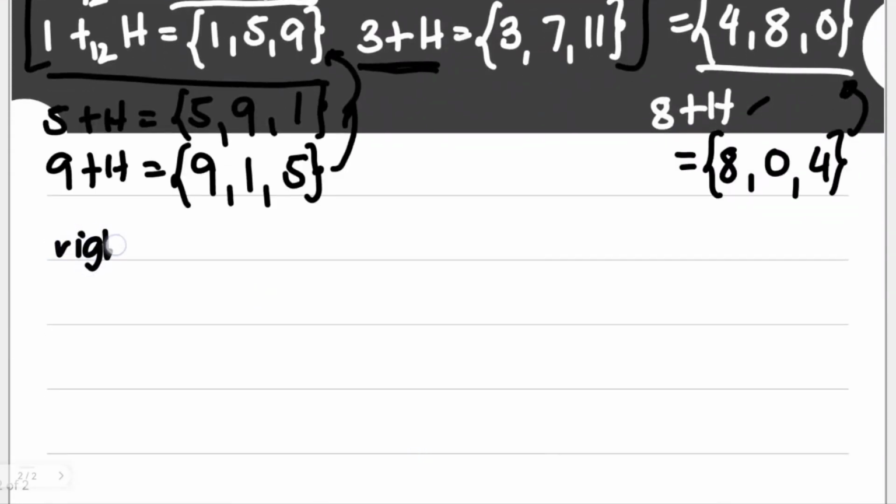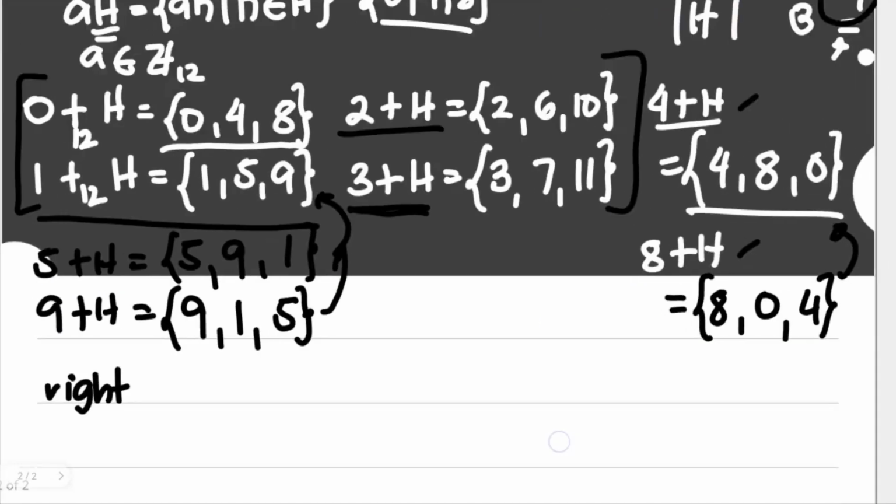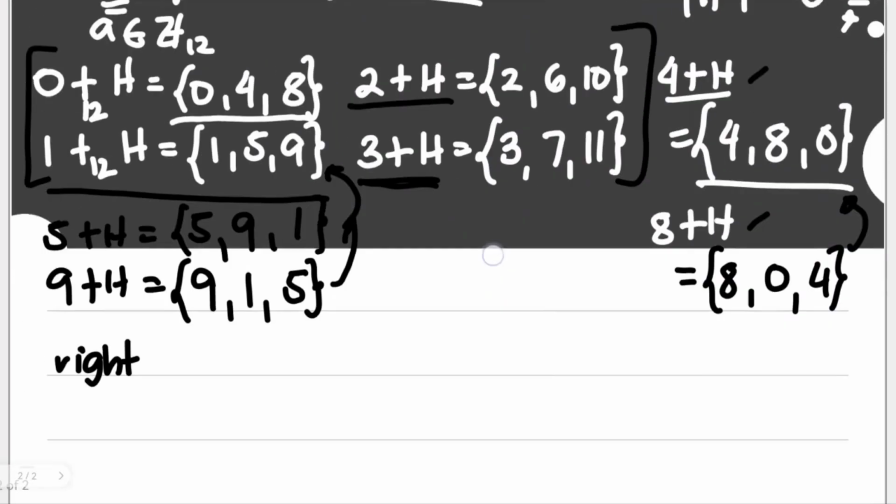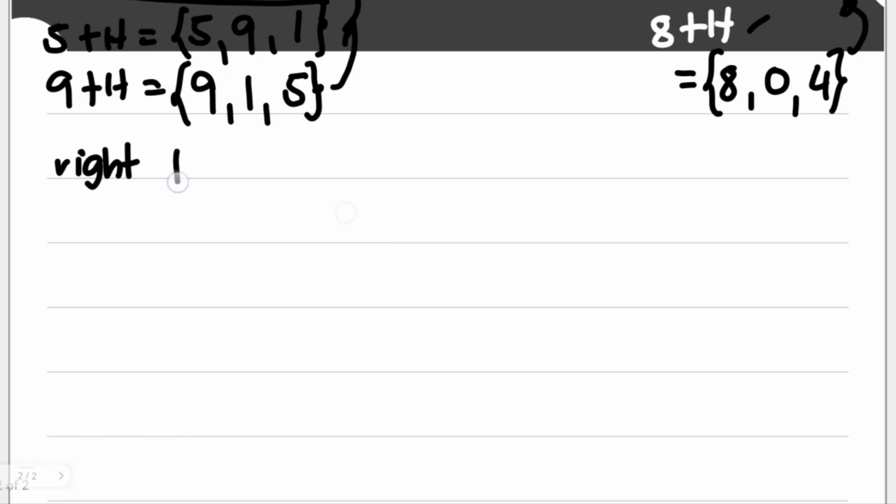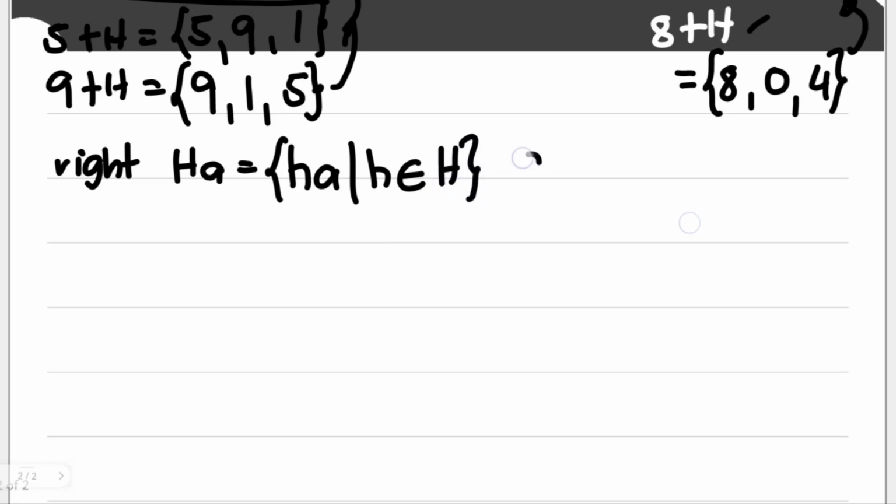To the right cosets, it follows the same concern, and we are sure that there should only be 4. The notation would be like this: HA, which is just the result when we operate all elements of H, and that A, for all elements of our subgroup H. And of course, our A would be an element of our G, which is Z12.